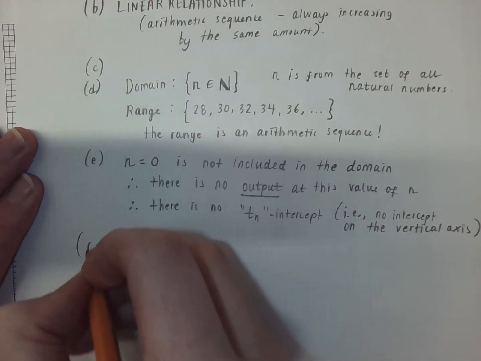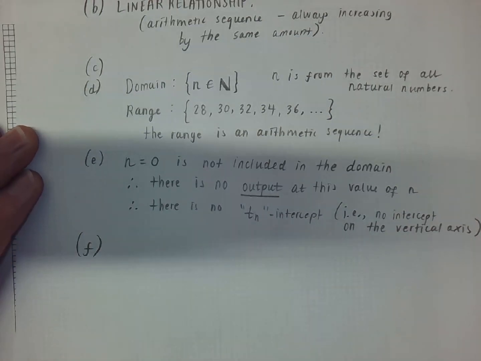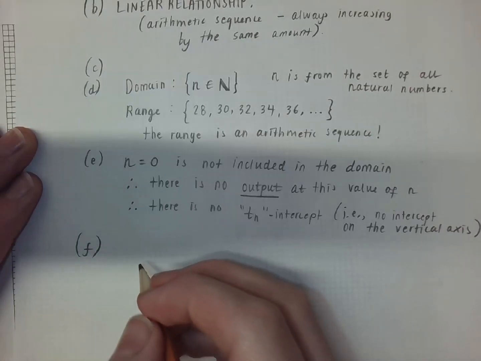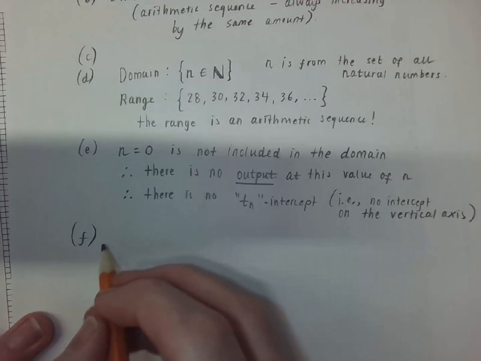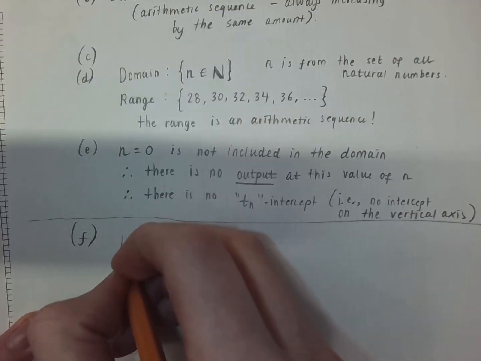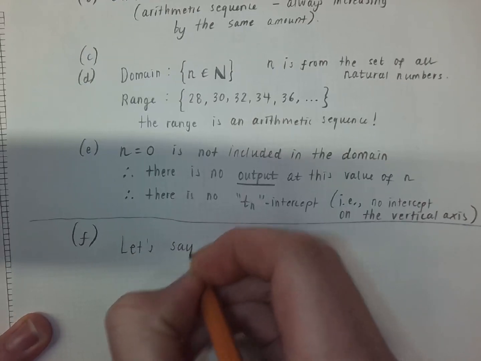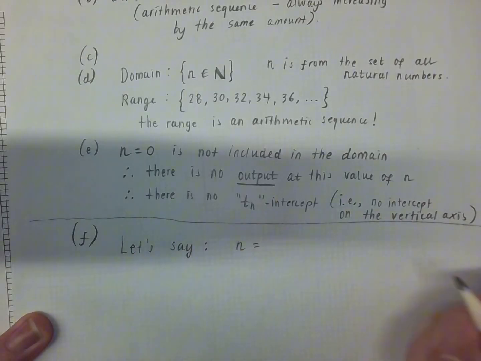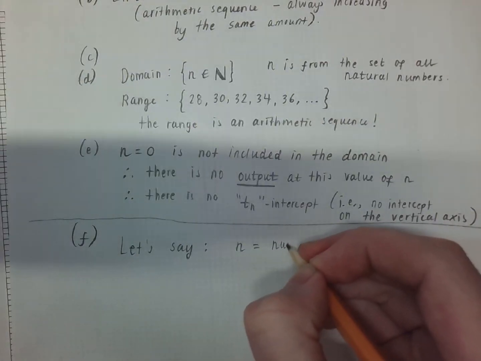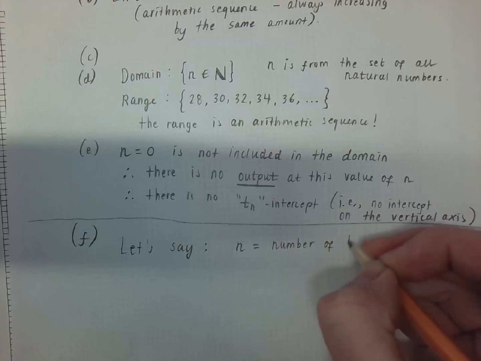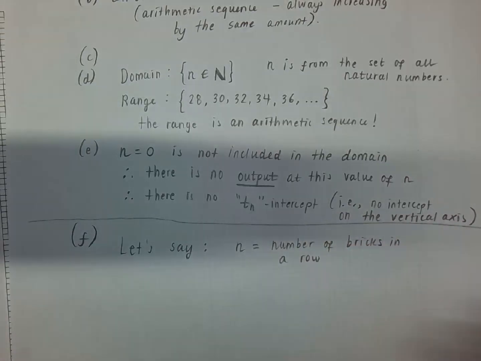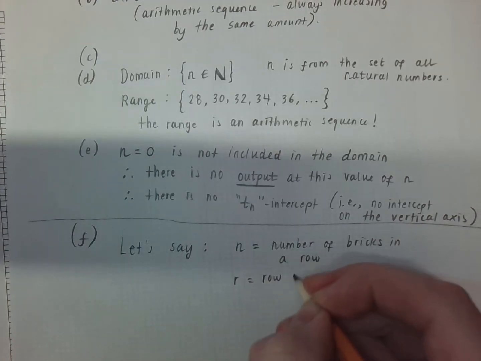Finally, F, write the equation for the number of bricks in a row, N. Okay, so they're telling us to define different variables, so I'm going to have to deviate from what I had already done, but let's say N equals number of bricks in a row, R equals row number.